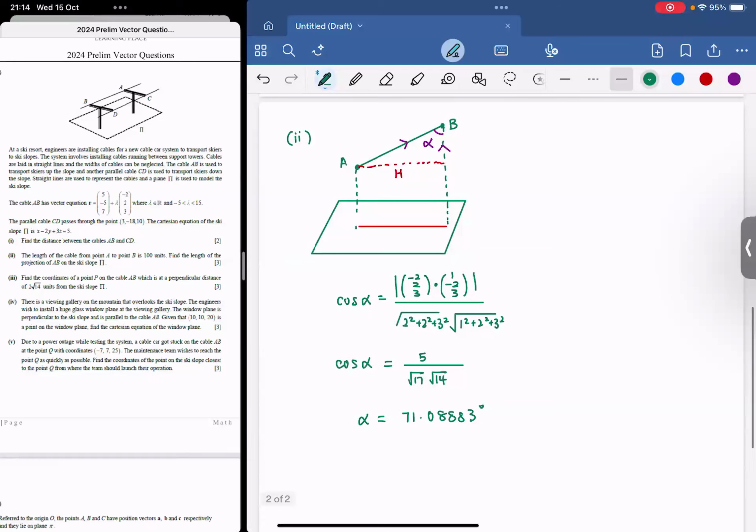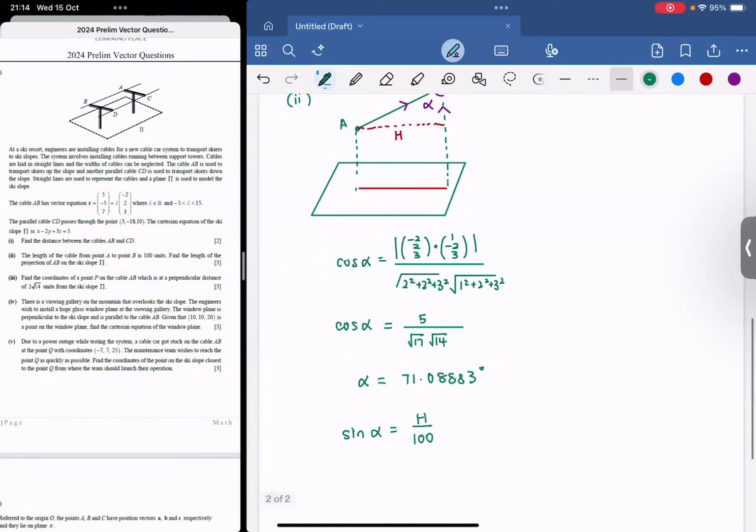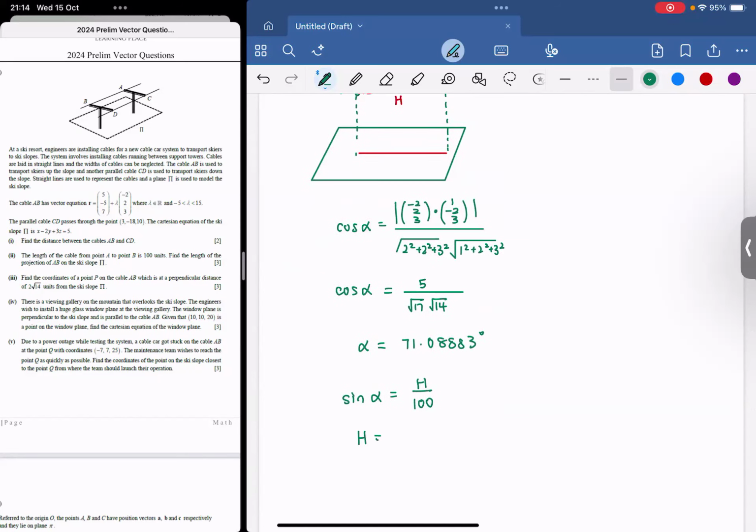You can just use SOH CAH TOA. So sine alpha equals H over the length of AB. They give you that the length of AB is 100. So now you put alpha in, so H equals 100 sine alpha. They never say exact value, so don't need to bother too much.